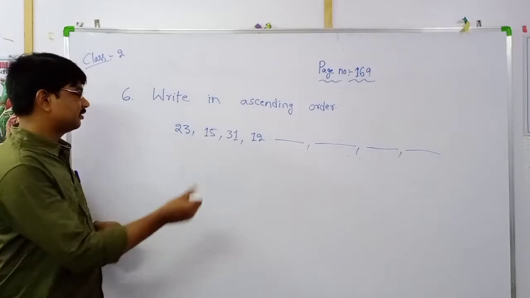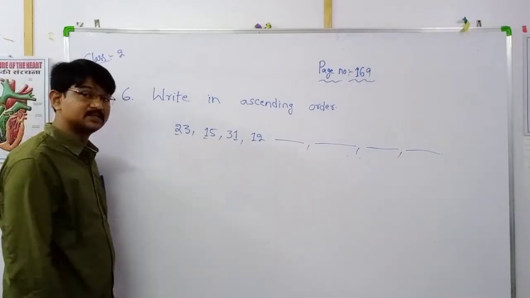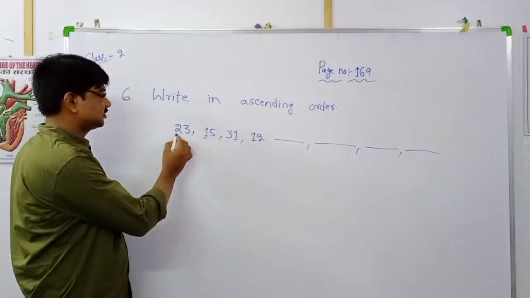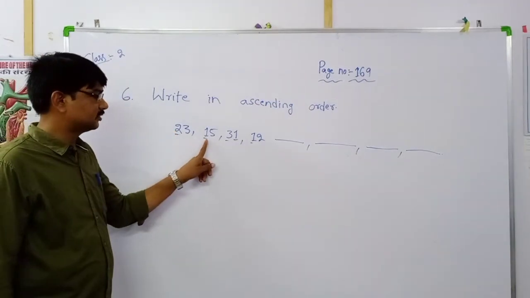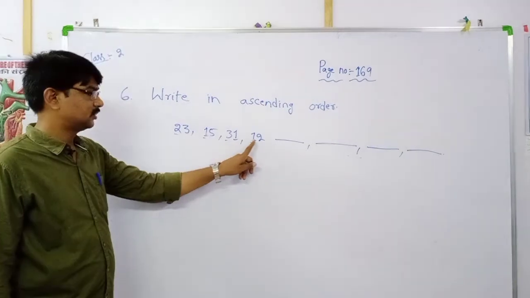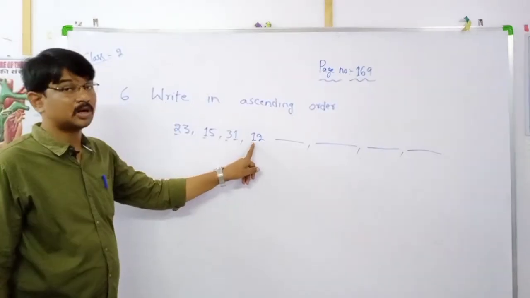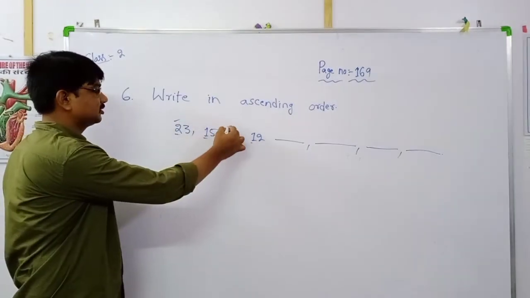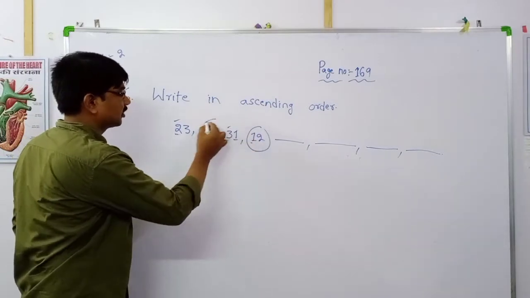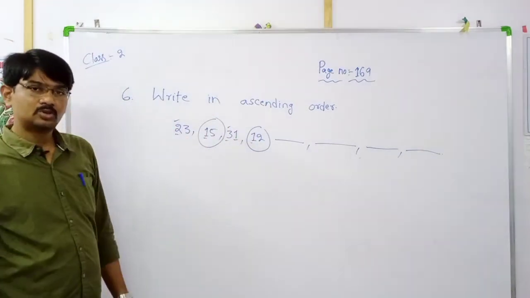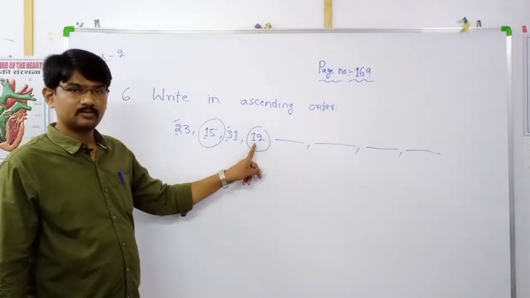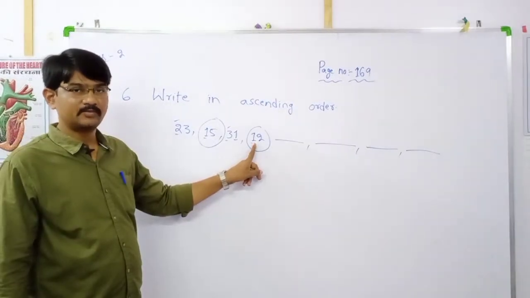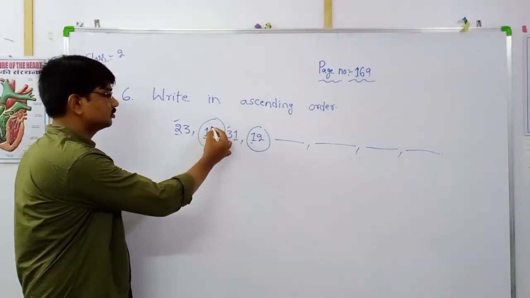First compare the first digit. Here 2, here 1, here 3, here 1. We need to find out the small number. This is big, this is big. First we need to compare these 2 numbers. Here is 1, here is 1. We cannot find out the difference, so next go to the second digit.